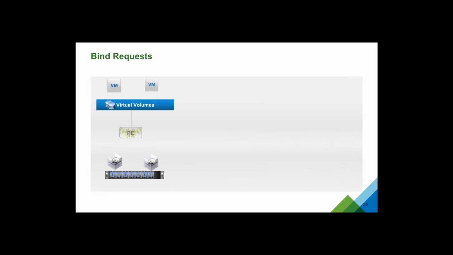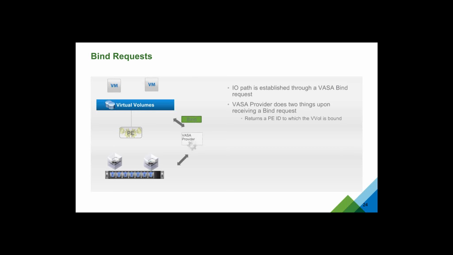So the way a bind request actually works, step by step, is you have your vSphere connected to a protocol endpoint, and you'll issue a bind request to the VASA provider. And the VASA provider will return two things. It will return the PE, so vSphere knows which PE to send commands to, and it's going to return the secondary ID.